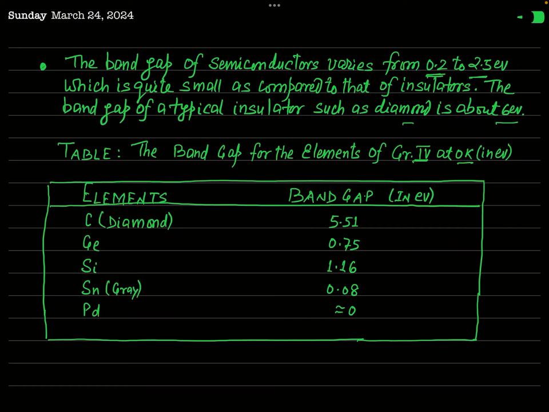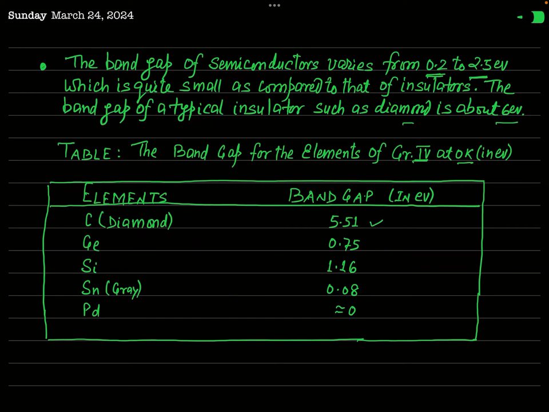All the elements I have taken here belong to group 4 of the periodic table. You can see carbon, that is diamond, has a band gap of 5.51 electron volt, and so it is an insulator, because this band gap is greater than 2.5 electron volts.